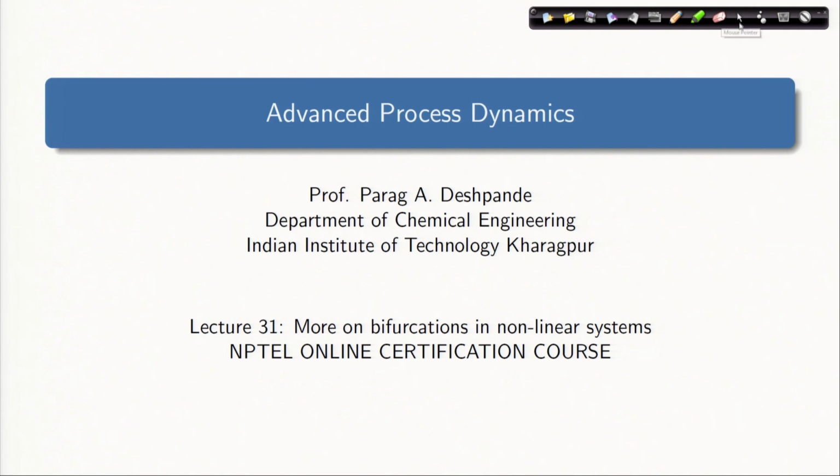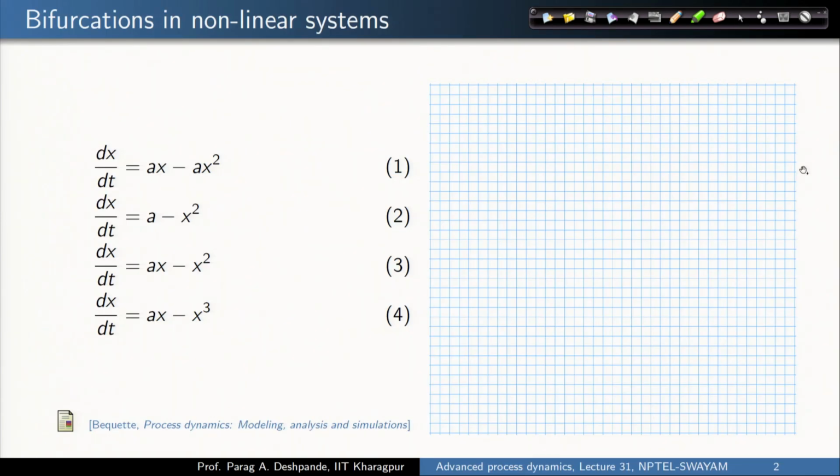So, let us look into some equations which we have in front of us. The 4 equations which you see here are 4 nonlinear dynamical equations, where the right hand side of these equations are different, but they are very similar.